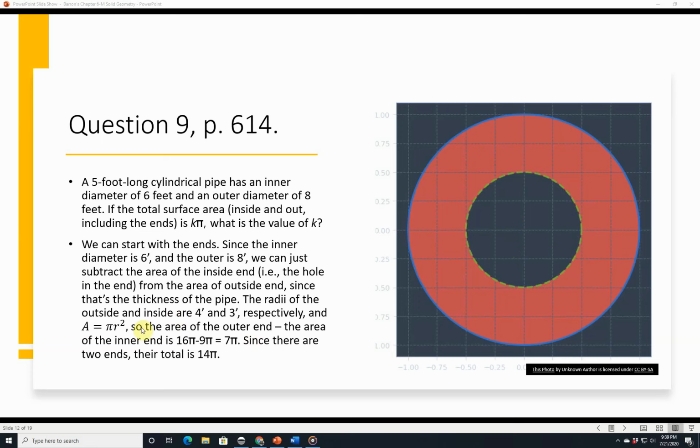So we know area is pi r squared, so the area of the outer end minus the area of the inner end is going to be 16 pi, so it's 4 squared times pi, minus 9 pi, which is 7 pi. Since there are 2 ends, their total is 14 pi.